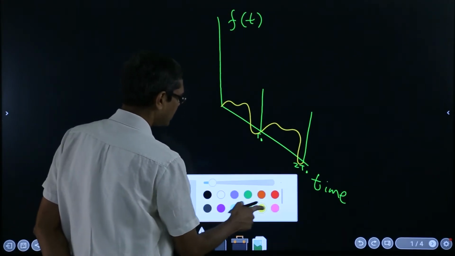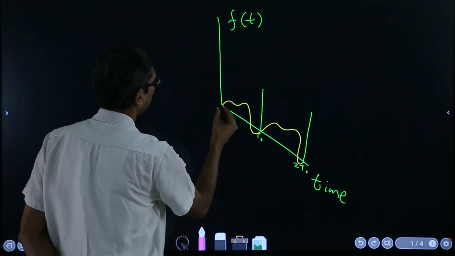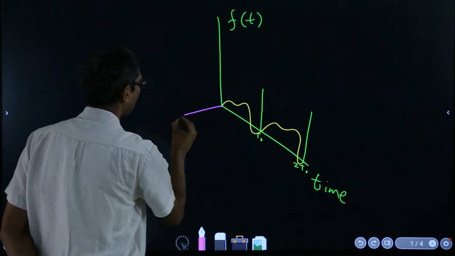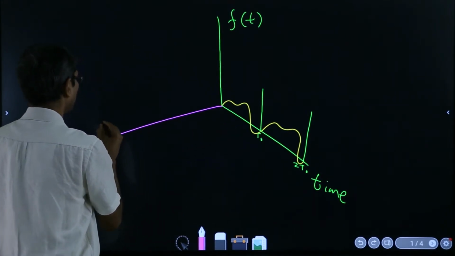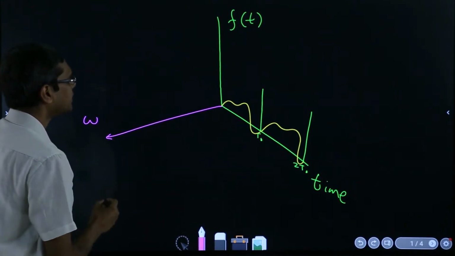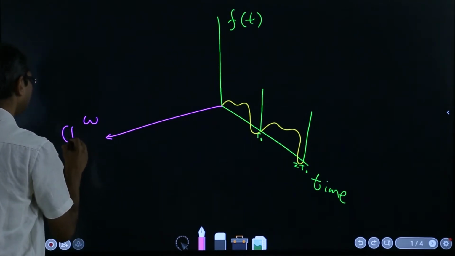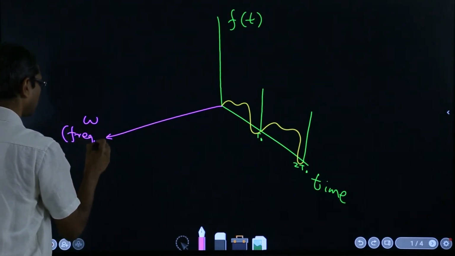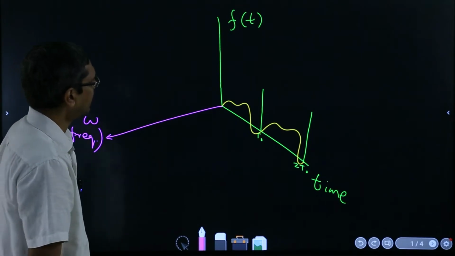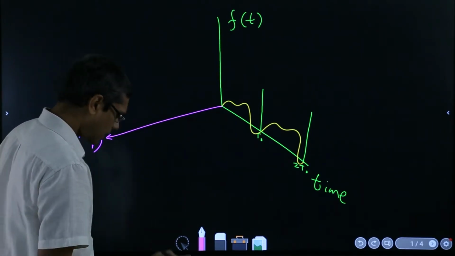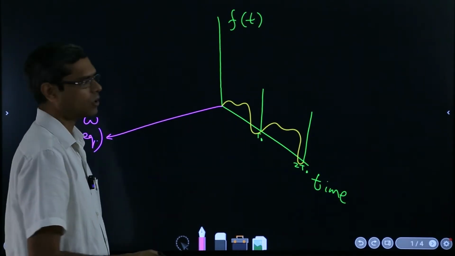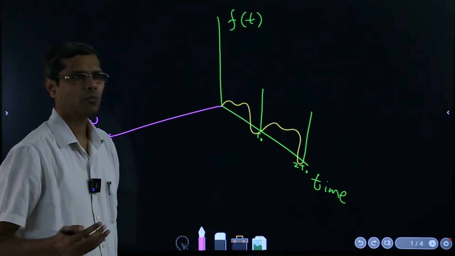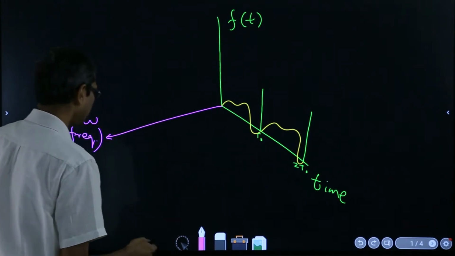For that, let us draw the frequency axis on this side. I will call it the omega axis, the frequency. Now, let us try to plot the components of the Fourier series expansion.